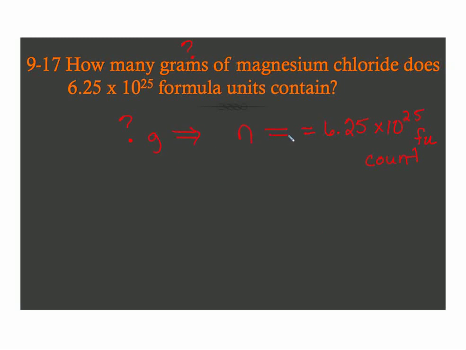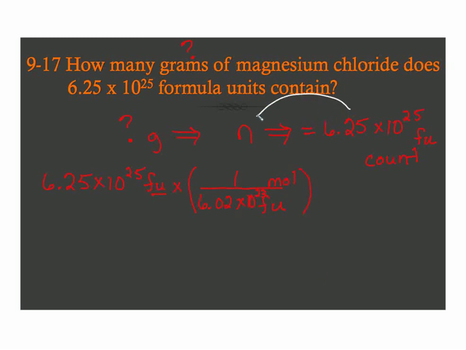First I have to go from grams to moles, and then I can get from moles to my count. I will set it up with parentheses this time. So it's 2 steps, 6.25 times 10 to the 25th formula units times, I want to eliminate formula units because it's in the numerator, and I want to get to moles. Avogadro says for every 1 mole, there's 6.02 times 10 to the 23rd formula units.